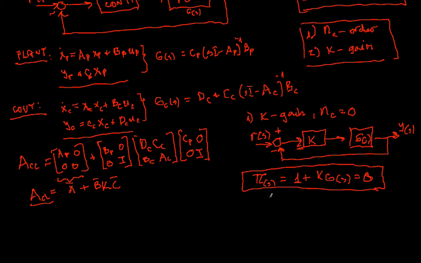In other words, P of s also can have the following expression: D of s plus K N of s equals 0, providing that D of s and N of s are co-primes.